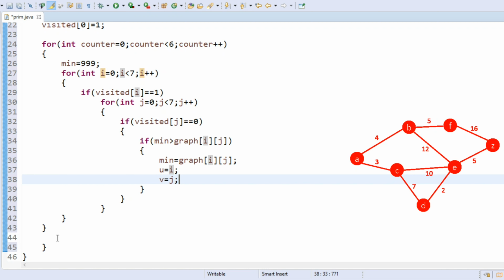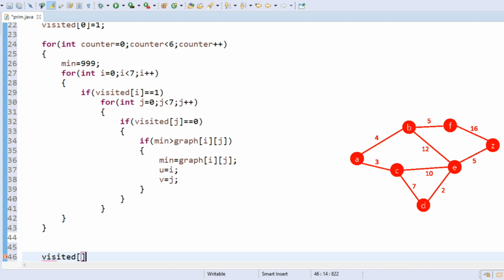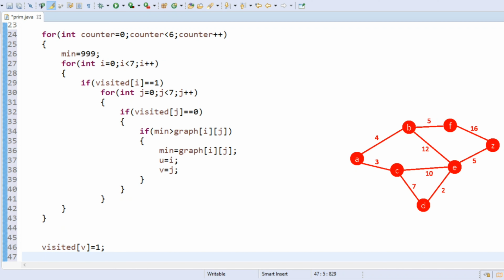After that I am going to take the visited of v is equals to 1 when the whole edges are connected. So total equals to total plus minimum.